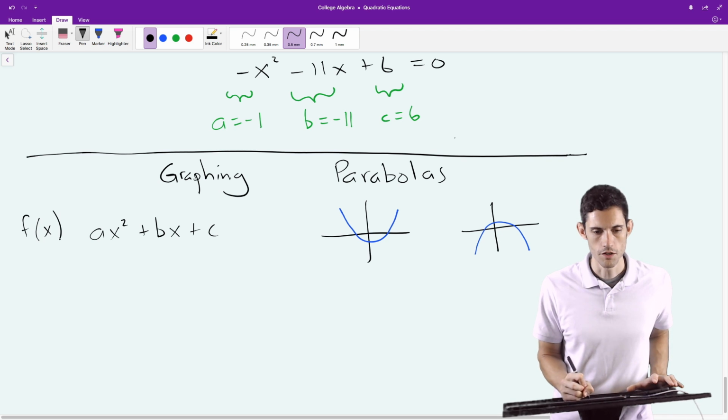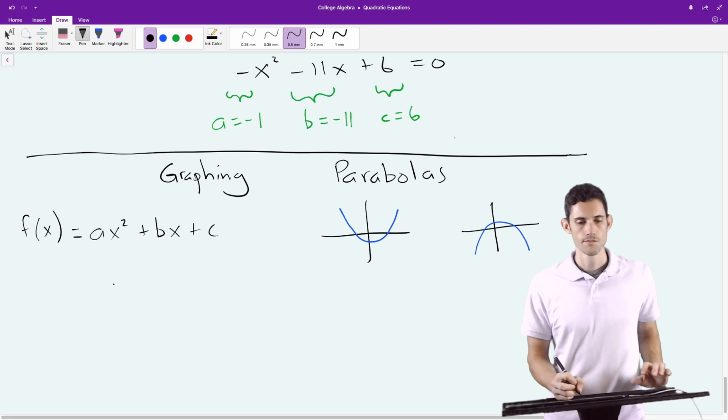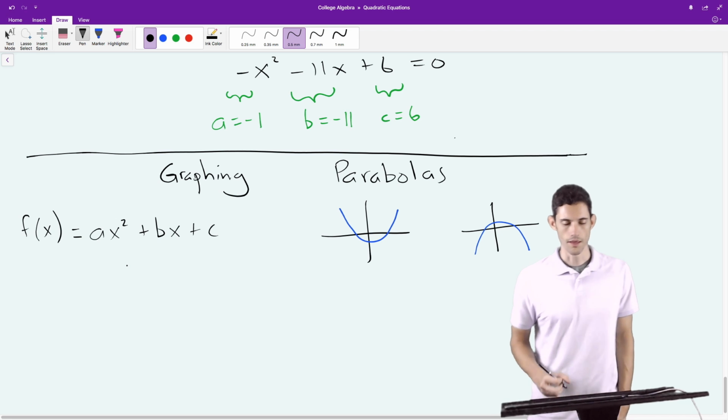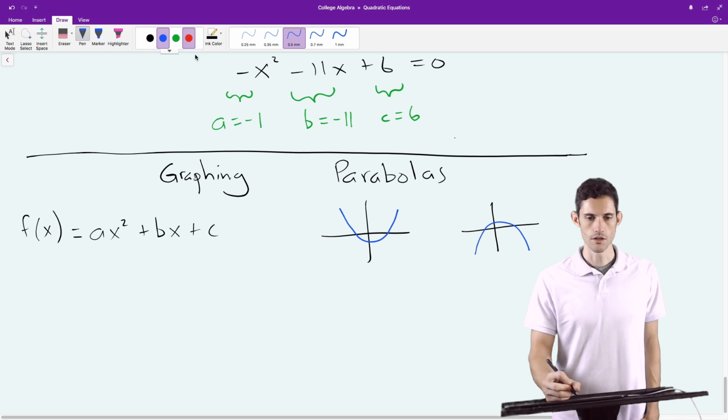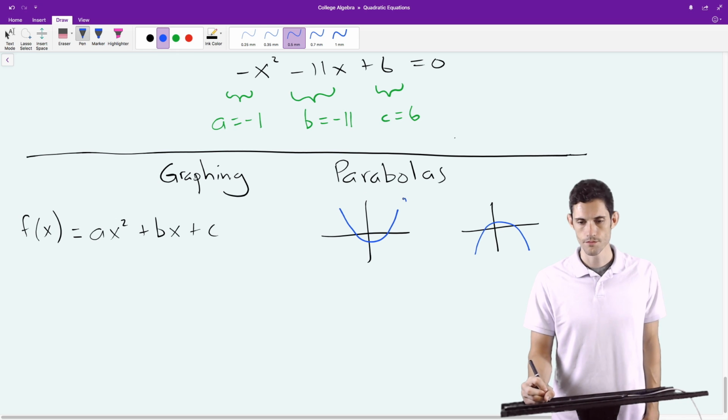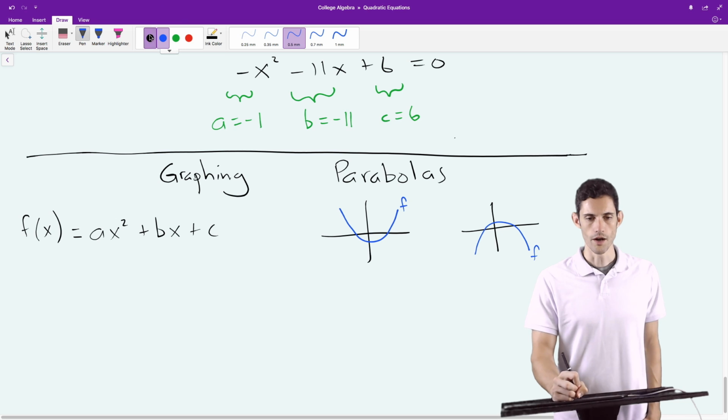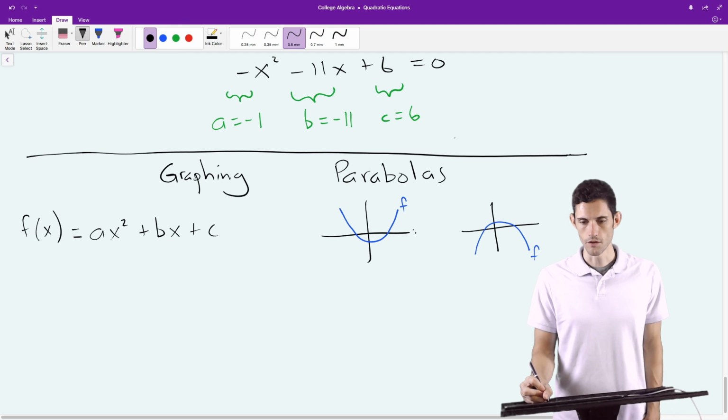So if I call this a function of x, then it might be equal to ax squared plus bx plus c. And so what I'm graphing here is the function f. And I'm graphing it as a function of x.